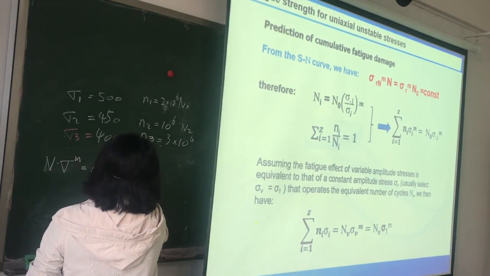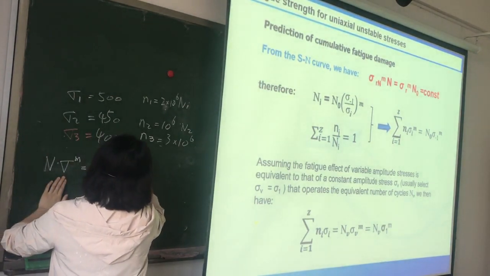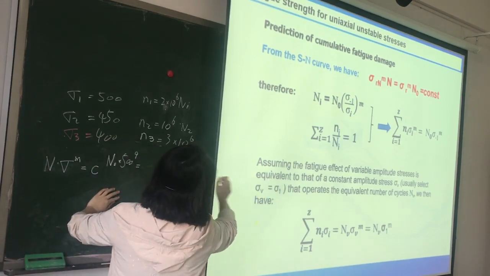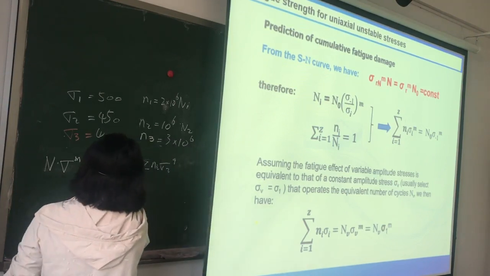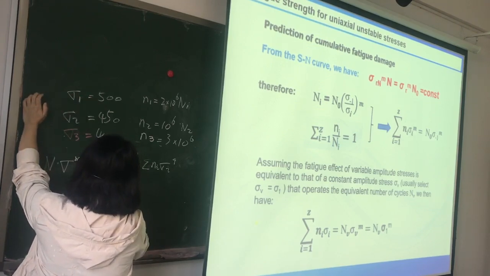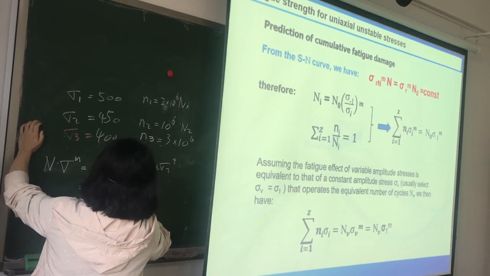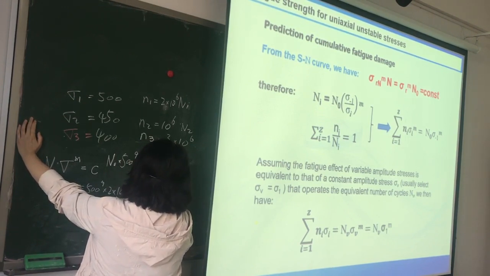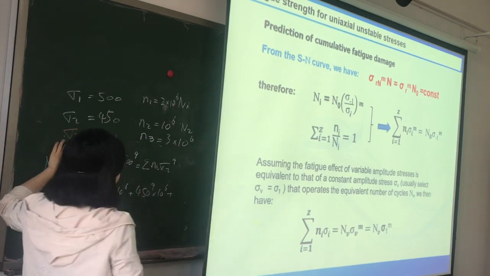N0 times sigma minus 1, in the practice, is 500, m is 9, equals sigma i to the 9, and equals sigma 1 is 500, and N1 is 2 times 10 to the 6, plus the next term times 4.